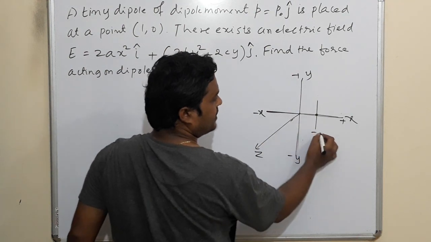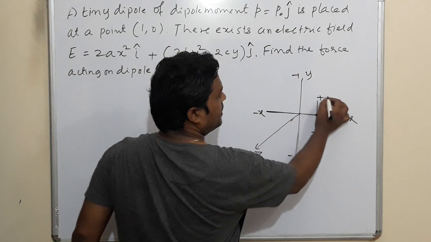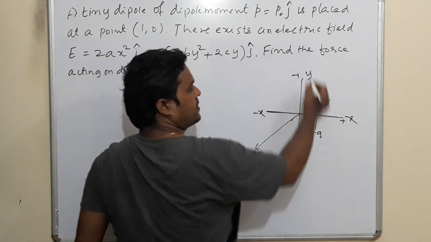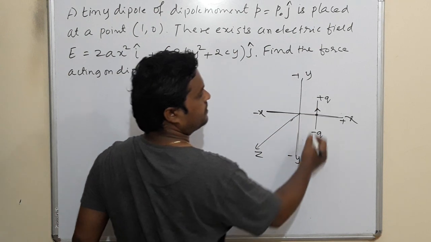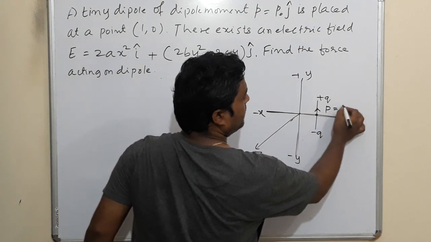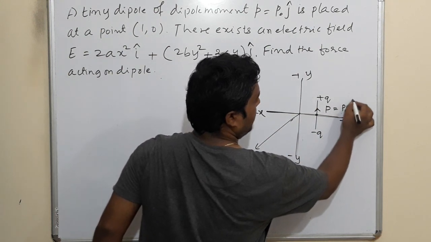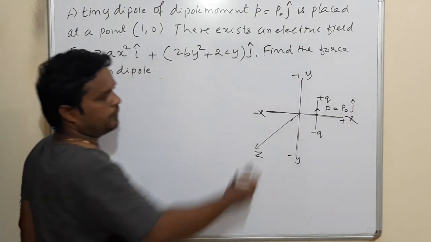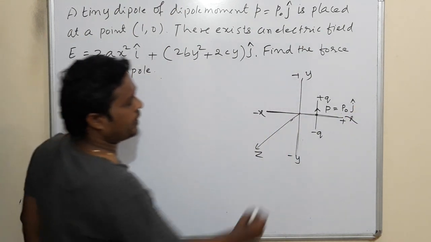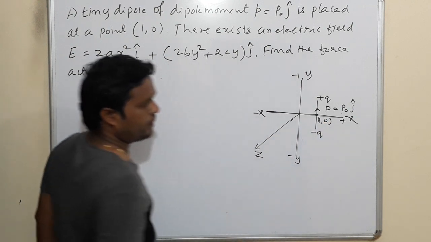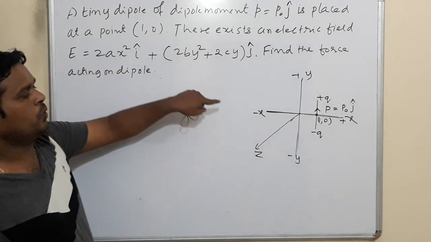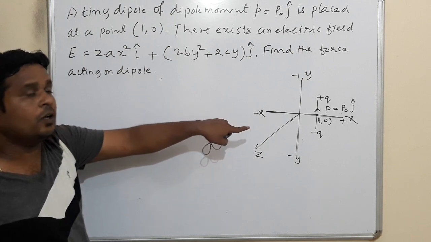This will be minus q, this will be plus q, because the dipole moment is along the positive y direction. The dipole moment is P naught j, along positive y. This point is (1, 0). Now I want to find the force acting on that dipole.